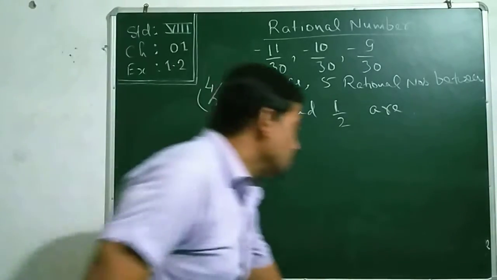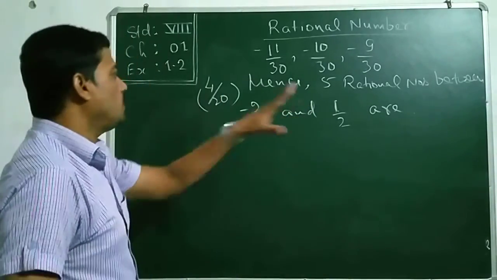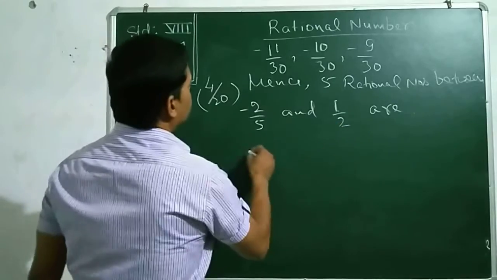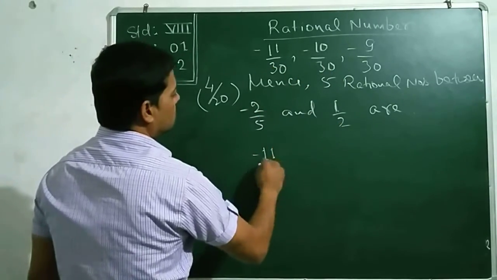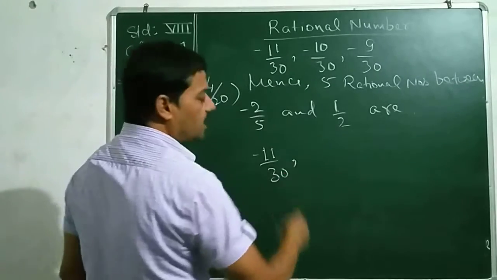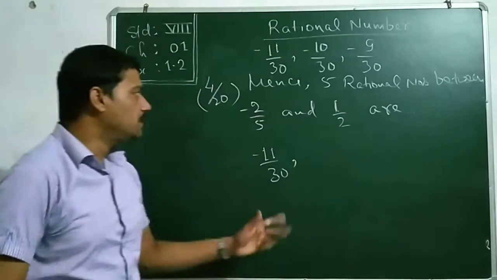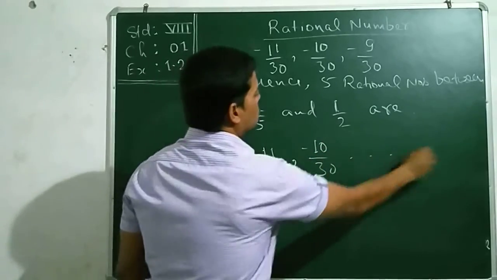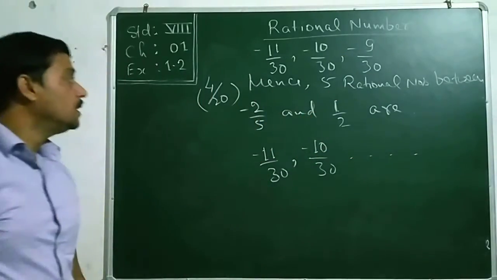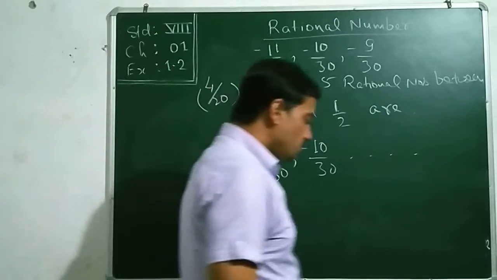The 5 rational numbers between minus 2 by 5 and 1 by 2 are, write all those numbers. Whatever numbers are required, only 5 numbers are required, you will write 5 numbers. Complete it yourself. Come to the next sum, that is the fifth sum.